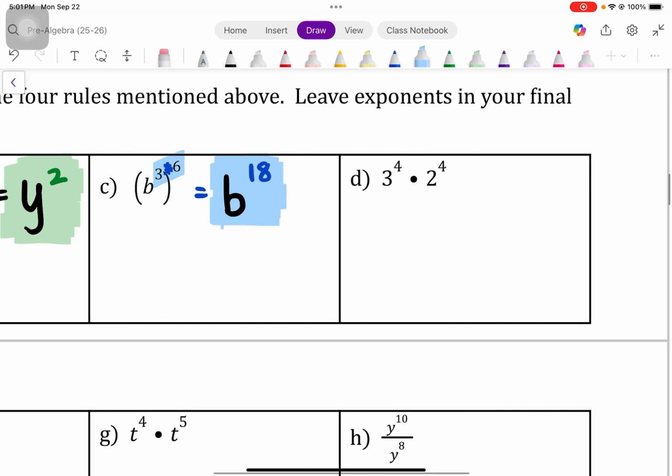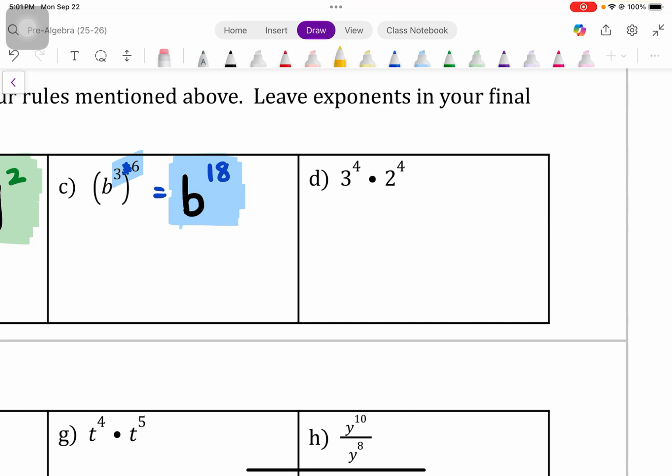And then last but not least, we have our two different bases with the same exponent. So we multiply our bases and keep the exponents. So we have 3 times 2, which is 6, and we keep the exponent. So 6 to the 4th is our final answer.